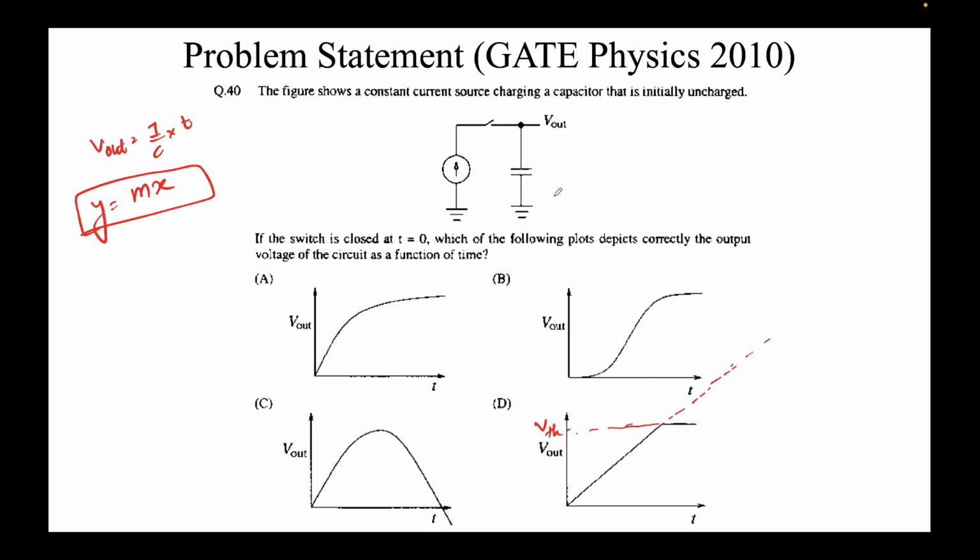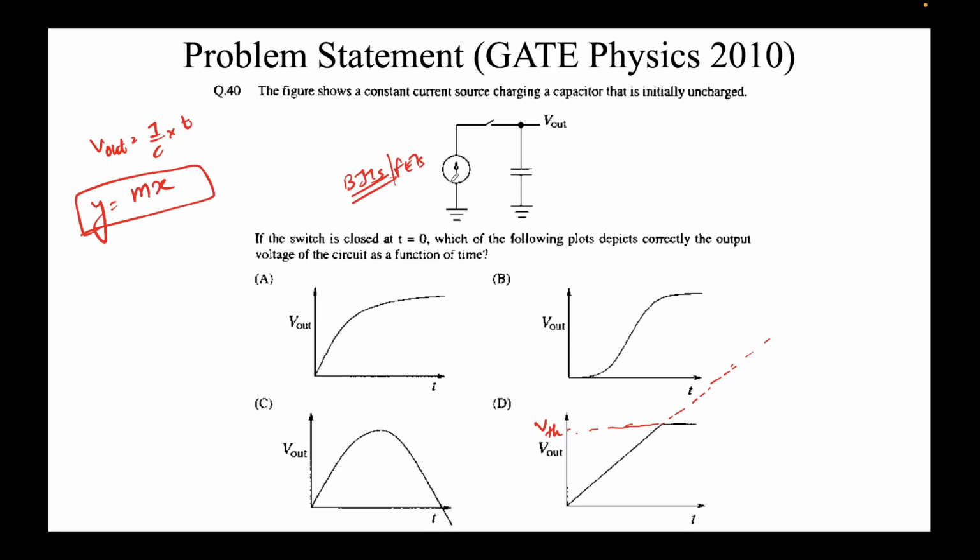This is happening because in real life there is always a voltage rating. If you increase the voltage across a capacitor too much, this capacitor may blow up or its efficiency will go down. Similarly, current sources are usually made up of BJTs or FETs. BJT is bipolar junction transistors, FETs is field effect transistors.